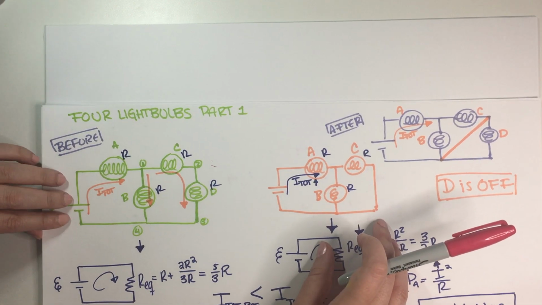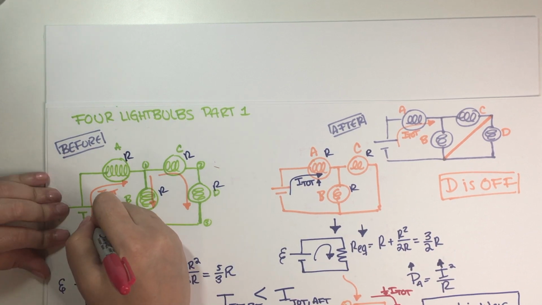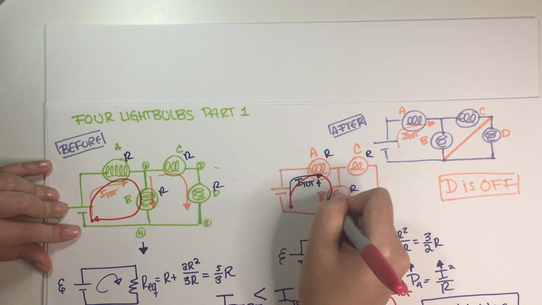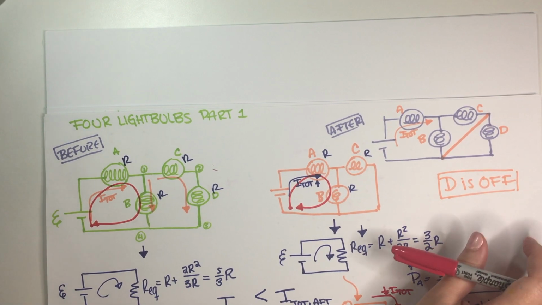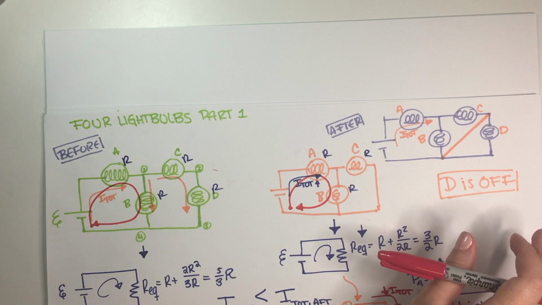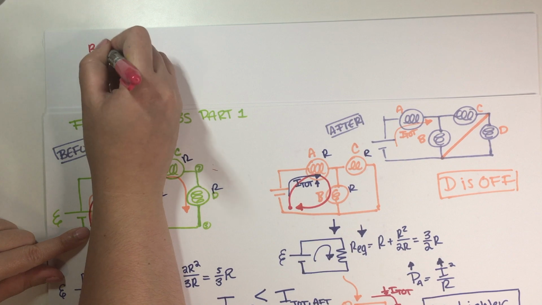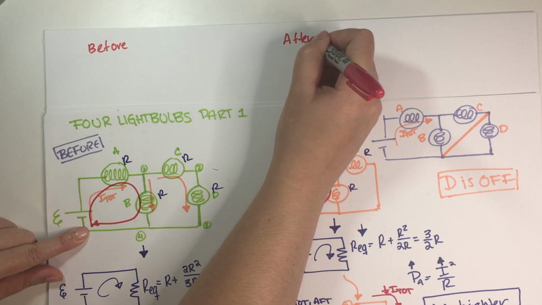So what I'm gonna do is I'm gonna loop like this, and then I'm gonna loop like this, and then see if I can compare those equations. And I think that if I do this, I'll be able to figure it out. So this loop, let's just call it the before loop, and let's just call this the after loop.